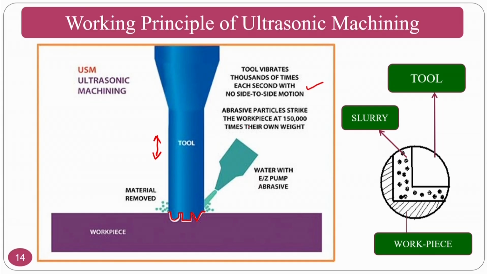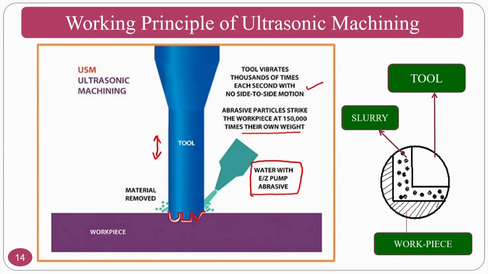Abrasive particle strikes the workpiece at 1.5 lakh times its own weight. That means the kinetic energy that it gains will have impact on the workpiece, and the workpiece removes the material in the form of brittle fragments. Okay. Normally the slurry, if you see, water along with the abrasive particles is fed here.